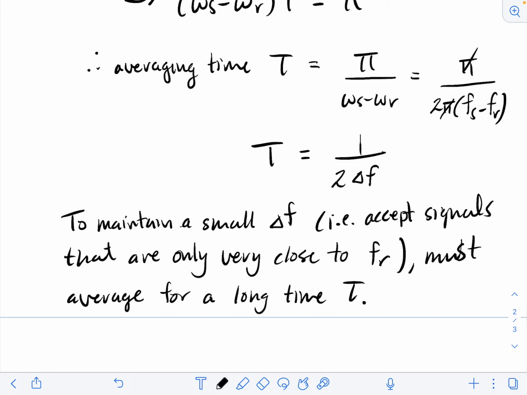Essentially that's how long you want to average for. If you want very high sensitivity to only frequencies very close to the reference frequency, you want to set that time constant, or the averaging time, to be a large number.